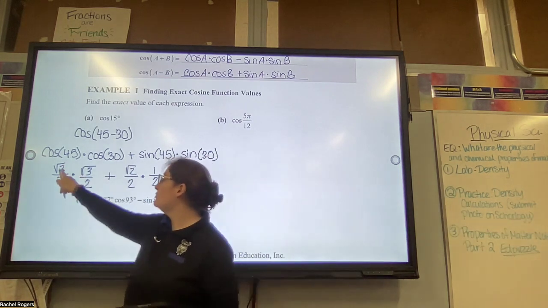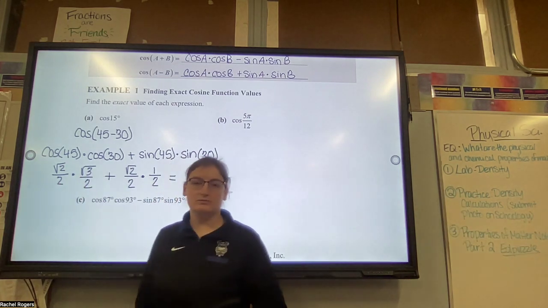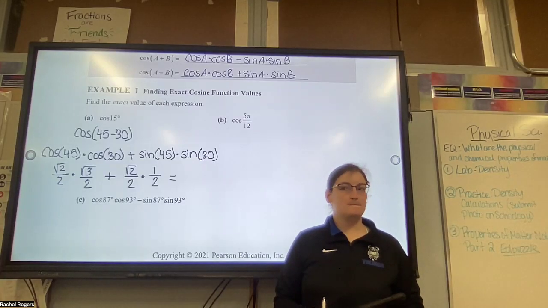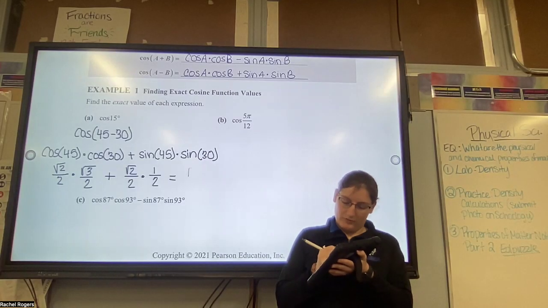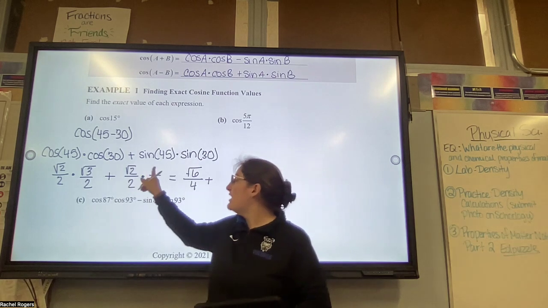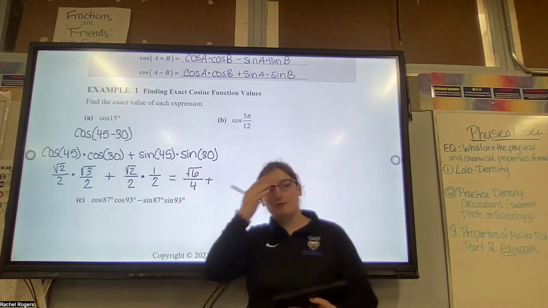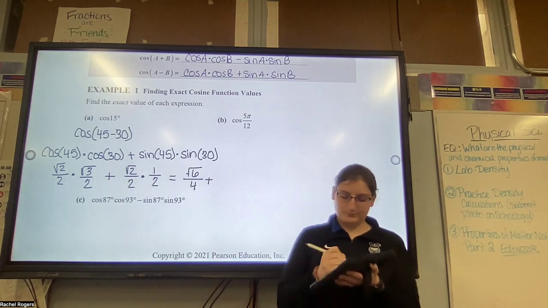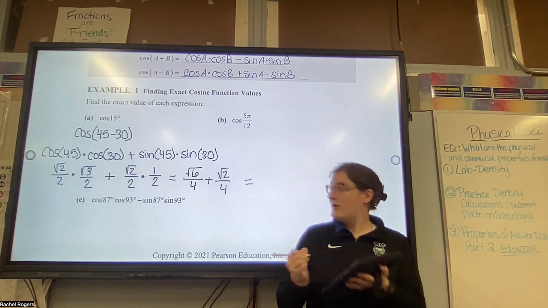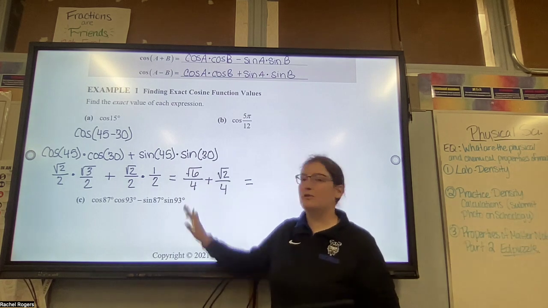What is root 2 over 2 times root 3 over 2? Root 6 over 4. Multiply straight across the top. And root 2 over 2 times 1/2 is root 2 over 4. So then how can we simplify this even further?